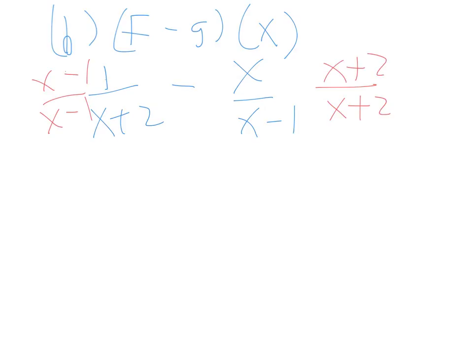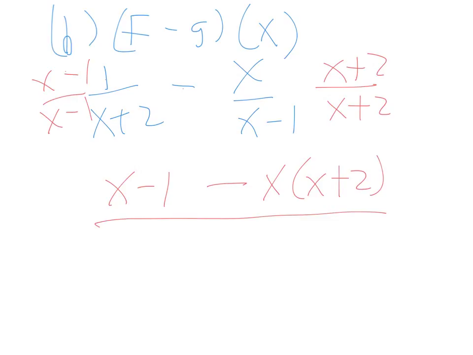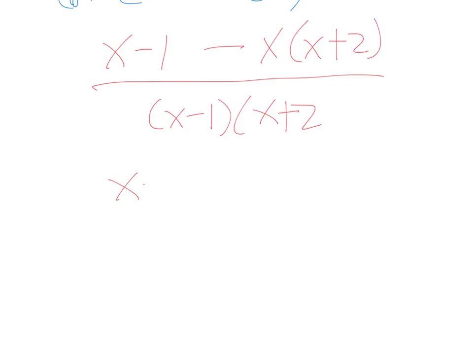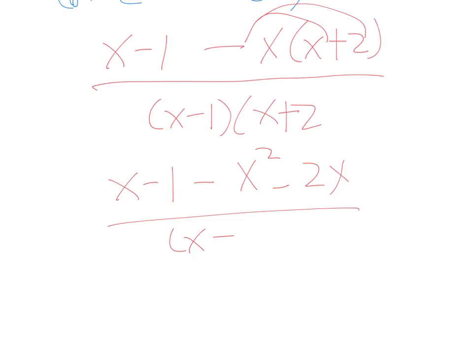So you have 1 times x minus 1, which would be x minus 1, and then minus x times x plus 2, all over x minus 1 times x plus 2. Then if you distribute the minus x, you have minus x squared and then minus 2x.